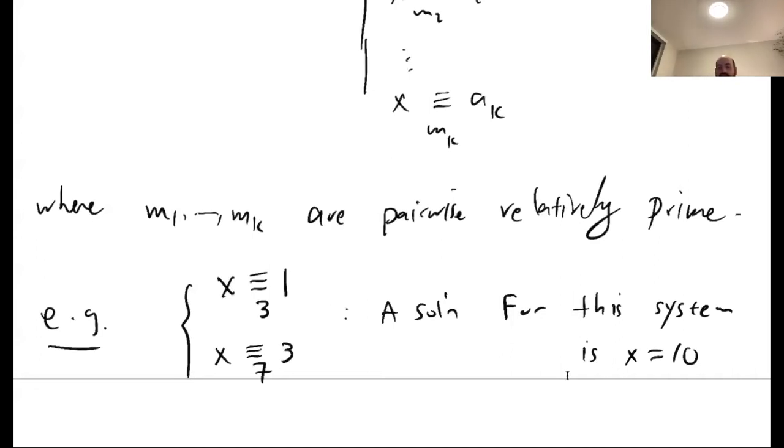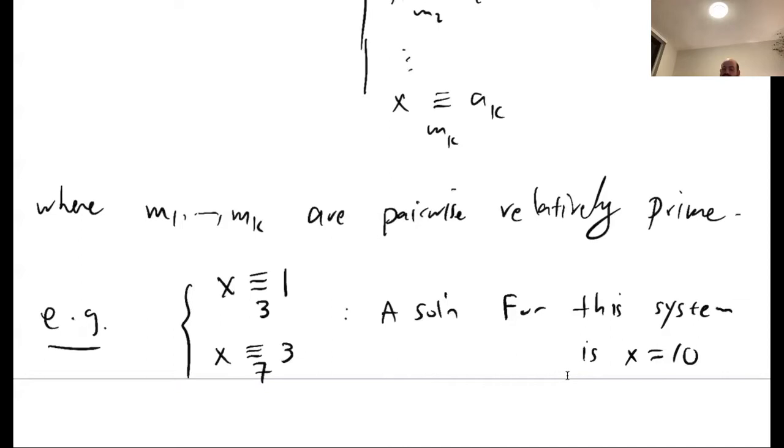I'll tell you how to solve the system systematically, but just to get an idea: if you have a system of two congruences, x congruent 1 mod 3 and x congruent 3 mod 7, in other words, you're looking for a number that when you divide it by 3, you get the remainder of 1, and when you divide it by 7, you get the remainder of 3. By inspection, we can see that x equals 10 is one of those numbers. Why? Because 10, when you divide it by 3, gives remainder 1, and when you divide it by 7, gives remainder 3.